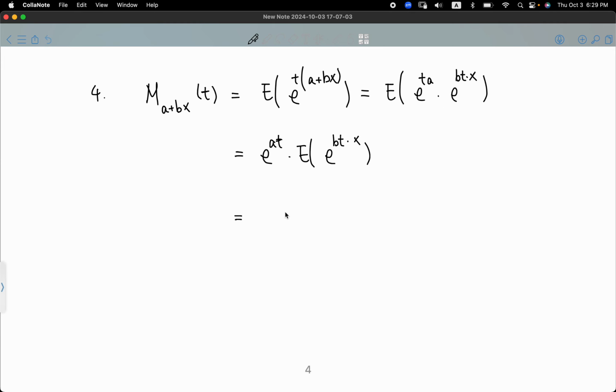And from here to here, you're using property 2, and then from here to here, you're using property 3. So e of at multiplied by the moment-generating function for your original random variable x, but evaluated at the parameter b multiplied by t. So this is just a combination of property 2 and 3.